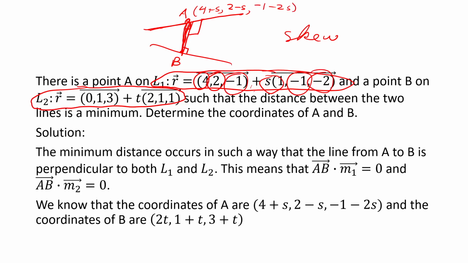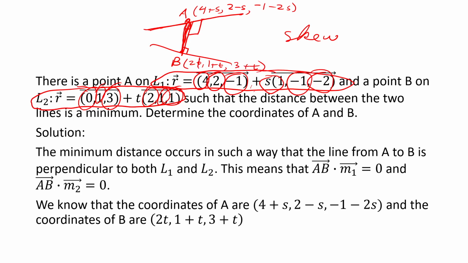Since those are the parametric expressions for x, y, and z, those are the coordinates of any point on the line. And similarly, point B will have the coordinates 0 plus t times 2, or in other words, just 2t for x, 1 plus t times 1, or in other words, just 1 plus t for y, and 3 plus t times 1, or in other words, 3 plus t for z.